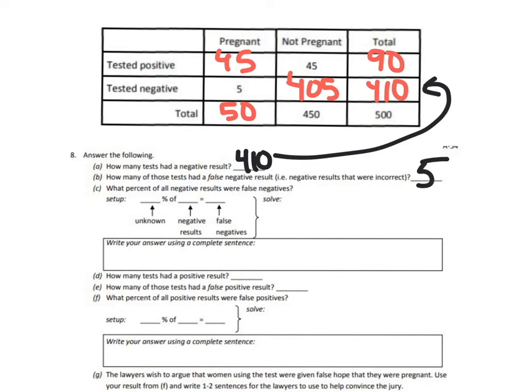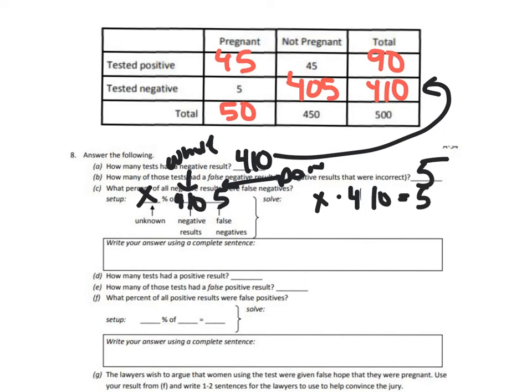And so remember, you're doing part over whole. So I want to know what percent of the whole. So what percent of the 410 is false negatives? So we have X times 410 equals 5, and then I divide by 410, and I'm not going to worry about if you write complete sentences on this.